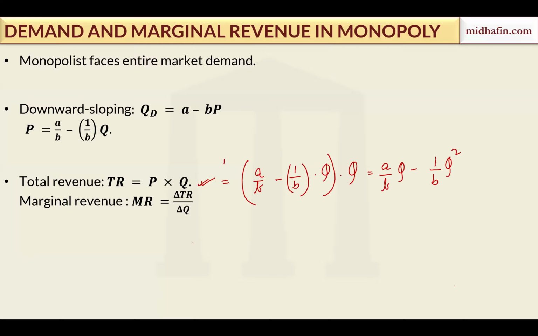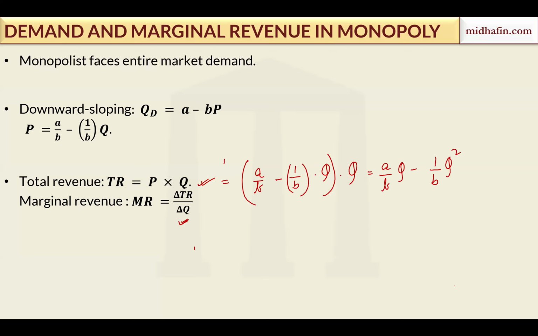To find out marginal revenue, you take delta TR by delta Q. Basically the idea is, for a small change in Q, what will be the change in total revenue? If you do it algebraically, methodically, you can take delta Q as 1, and you can verify it with numbers also, you'll get the same result.